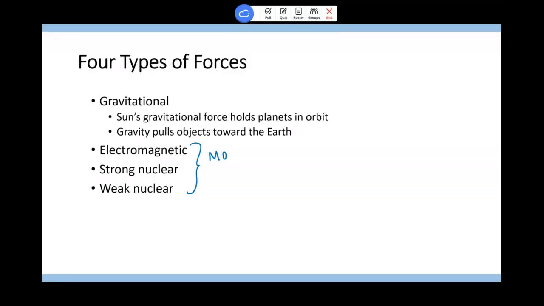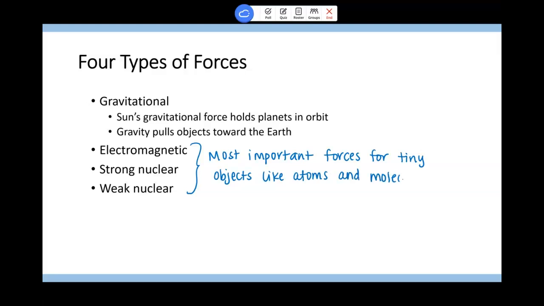So we'll write here, most important forces for tiny objects like atoms and molecules.